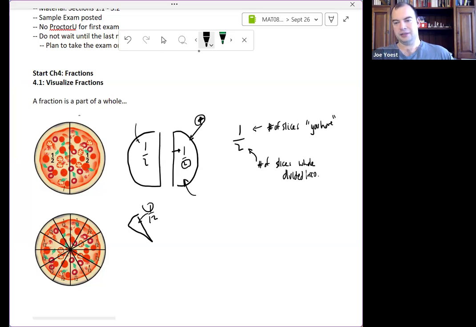I could look at, say, a pizza that was cut into 13 slices. So this is 13 slices.